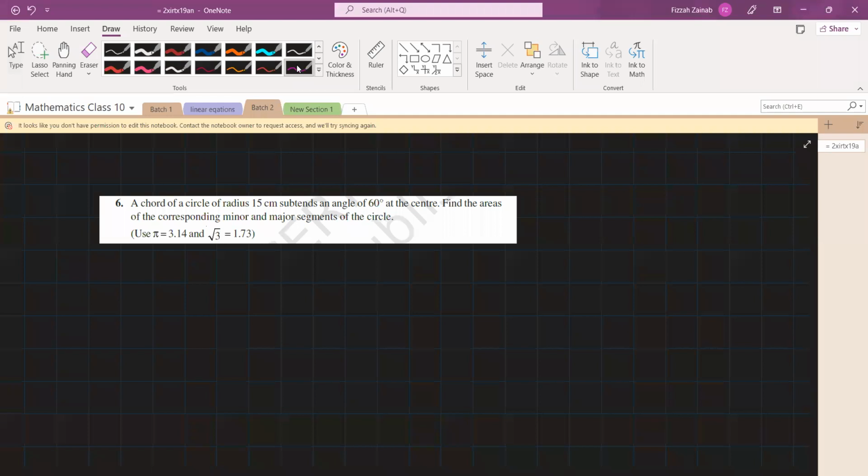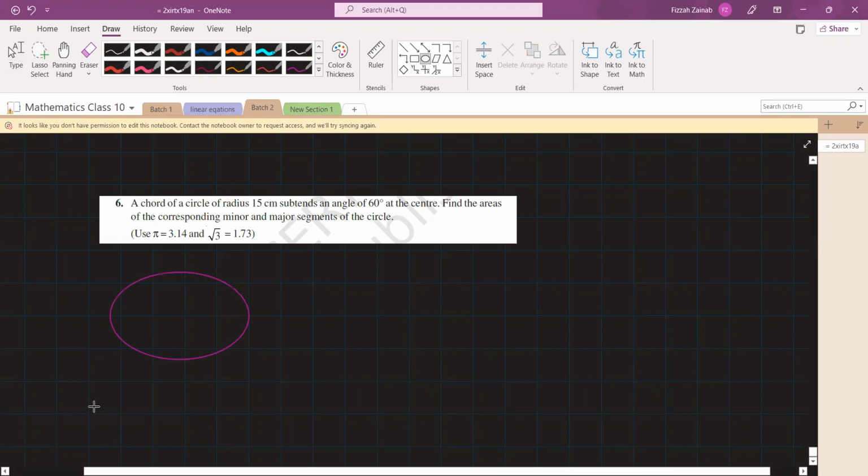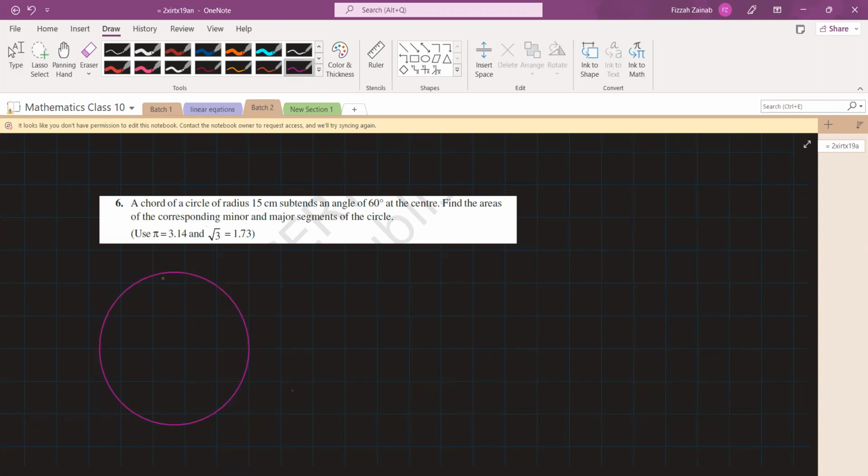A chord of a circle of radius 15 centimeter subtends an angle of 60 degree at the center. Find the area of the corresponding minor and major segment. So you have a chord, right?